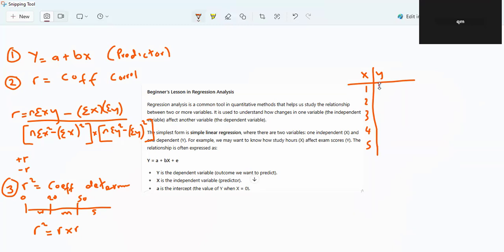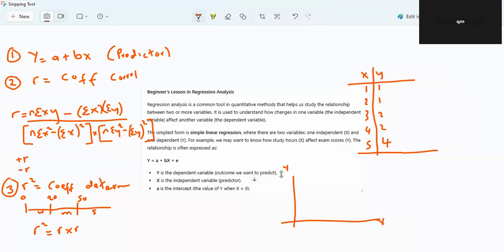The sales could be 1,000, 1,000, 2,000, 2,000, maybe 4,000. Now they're asking us to plot the regression equation, and tell us whether it's a positive relationship or a negative relationship. So we can plot this here. Our y is always here, our x is always here on the horizontal.